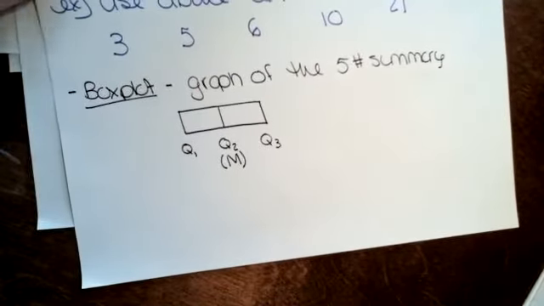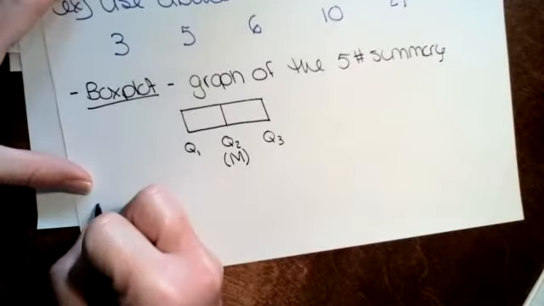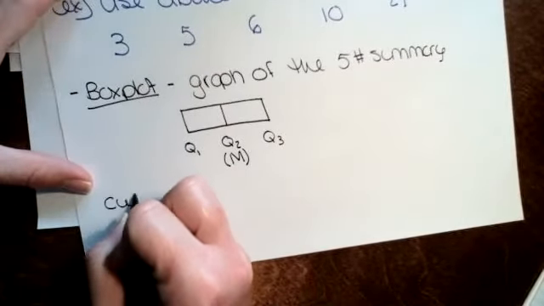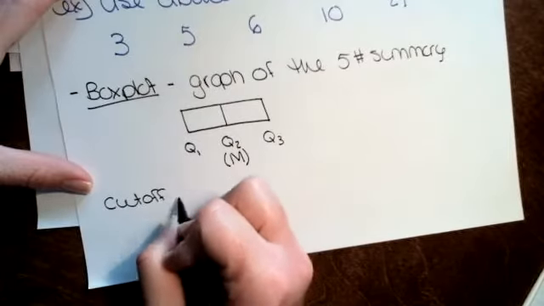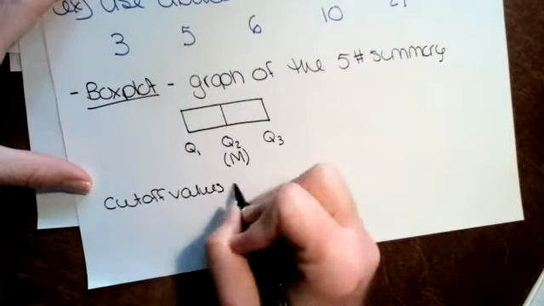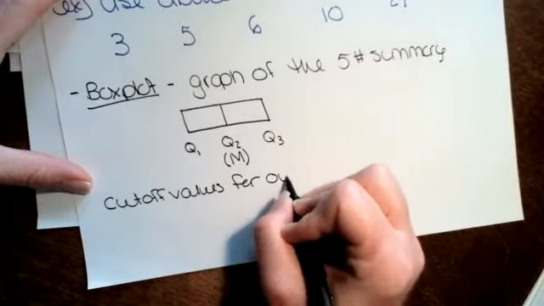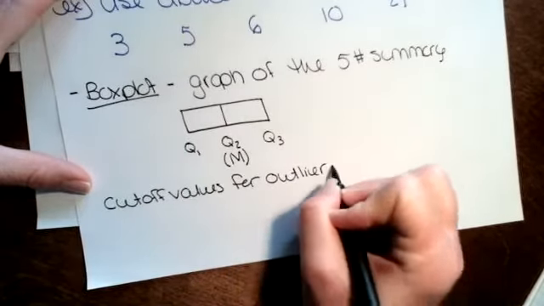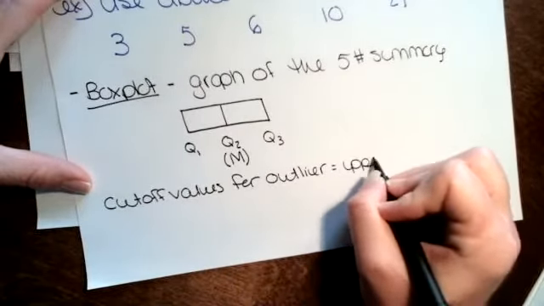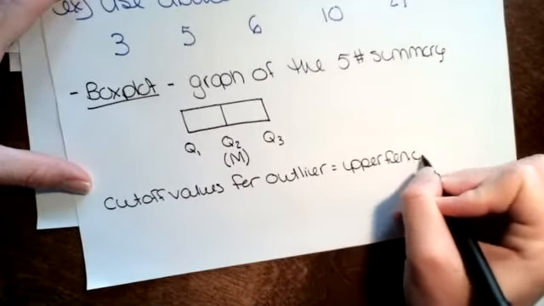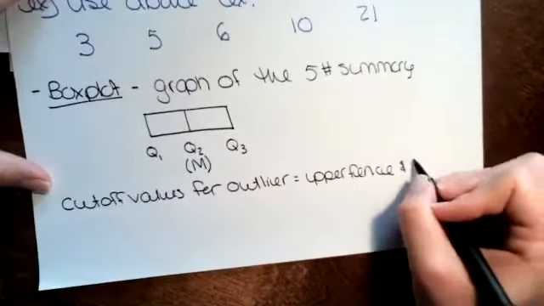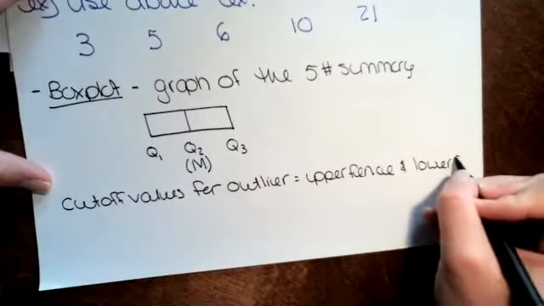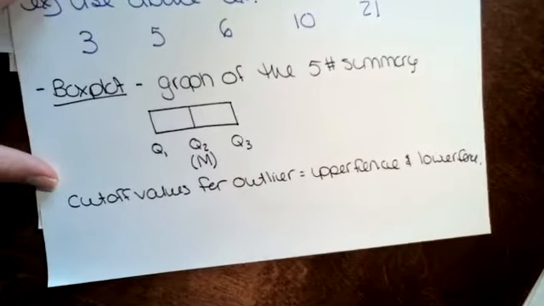So I have an upper and a lower fence. So let me write this here. The cutoff values for outliers equal an upper fence and a lower fence.